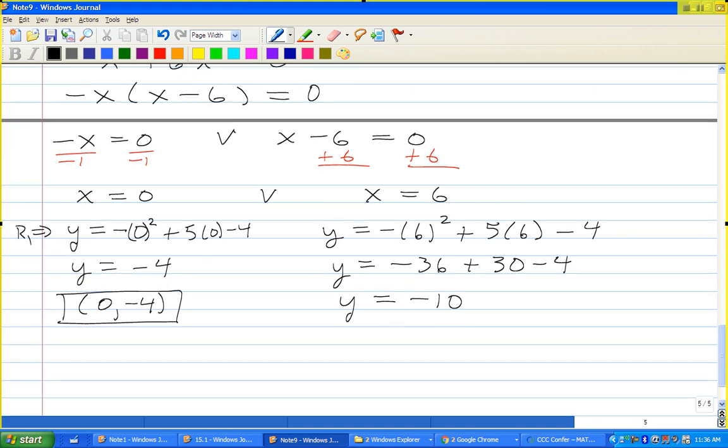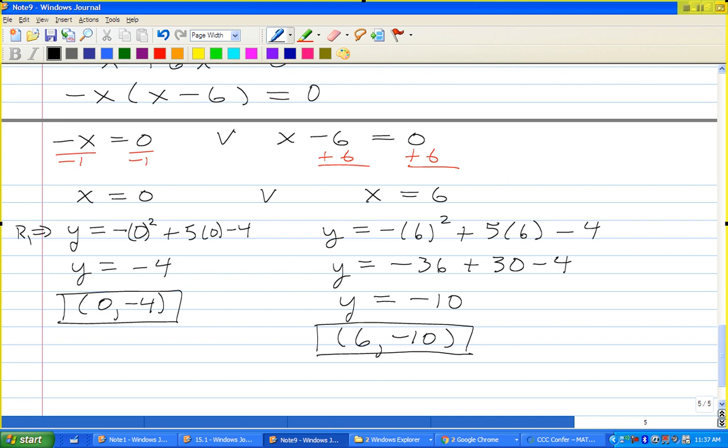And so we have 6, negative 10 is also another solution. So in this case, we have two solutions. Again, the line and the parabola intersect at the points 0, negative 4, and 6, negative 10.